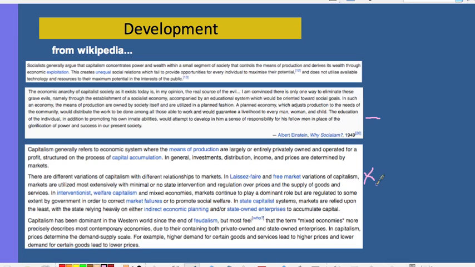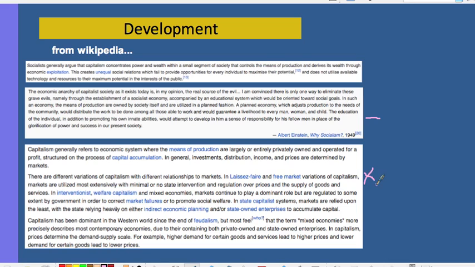In interventionist welfare capitalism and mixed economies, markets continue to play a dominant role but are regulated to some extent by government in order to correct market failures or to promote social welfare.